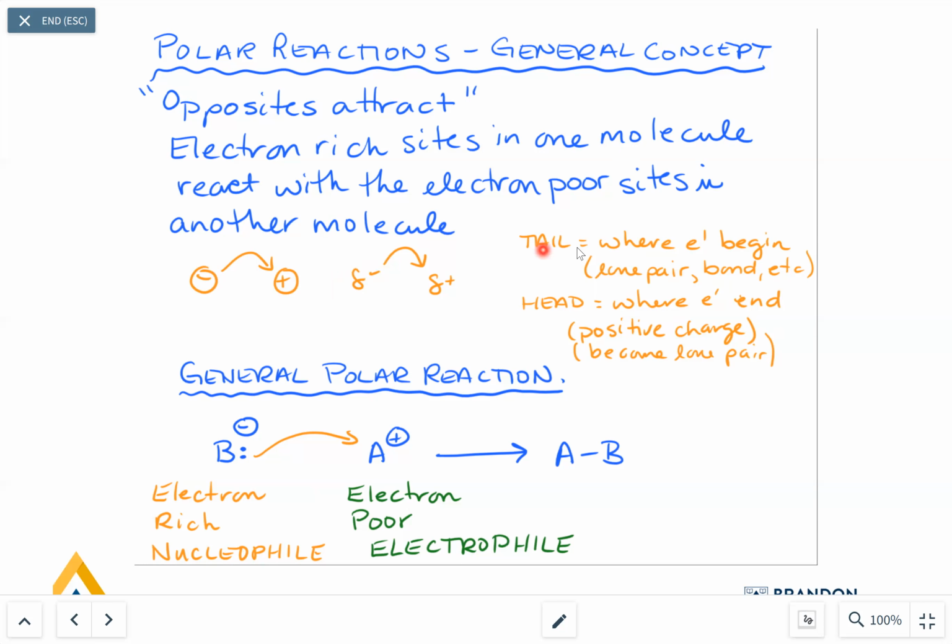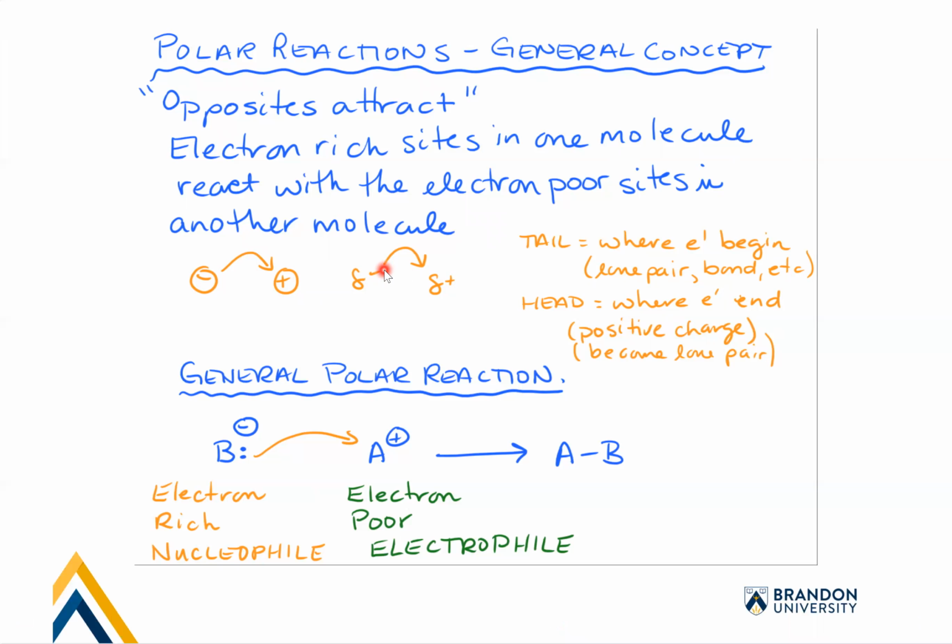And that's where the tail of our little arrow is. Remember, this is the movement of two electrons. What this arrow depicts is that it's starting at the tail and going towards where the pointy end is. So the tail is always going to be where the electrons are. They can be electron lone pairs, or electrons that are in a bond.